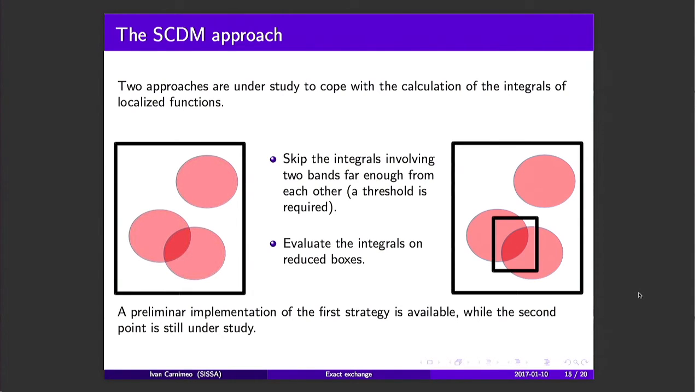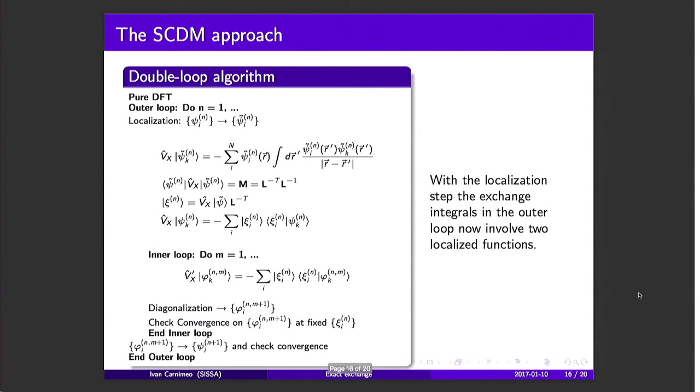While we have a trial implementation of this method, and I can show, so basically the algorithm looks like that. In the outer loop, we include this localization procedure, and then we evaluate the exchange potential on the set of localized orbitals.